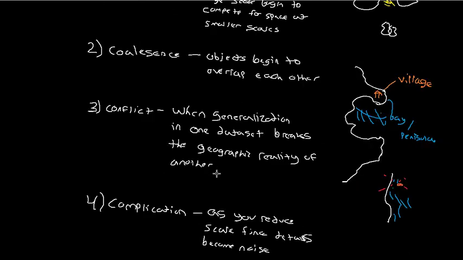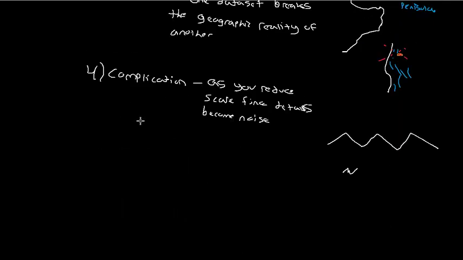You have issues where changing one dataset causes a break in the geographic reality of another. And you have this idea of complication where, as you zoom out, what was originally relevant and important detail starts to become noise. Hopefully that was a quick refresher and you understand why we generalize, because now I want to move the discussion to how we generalize.